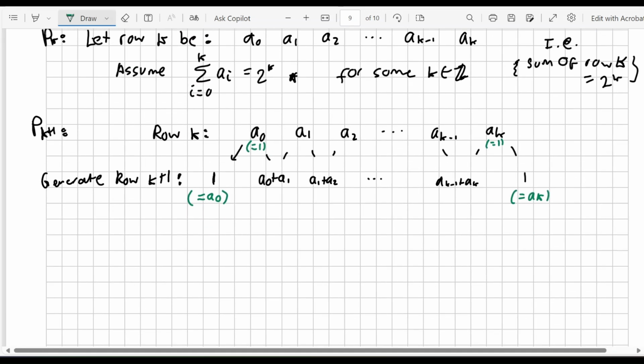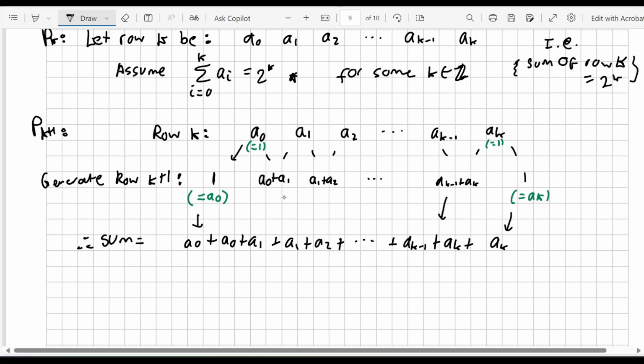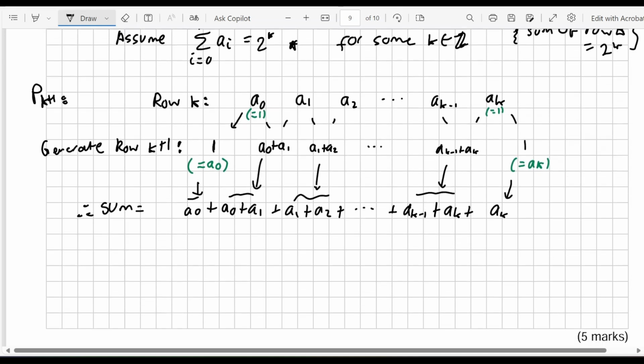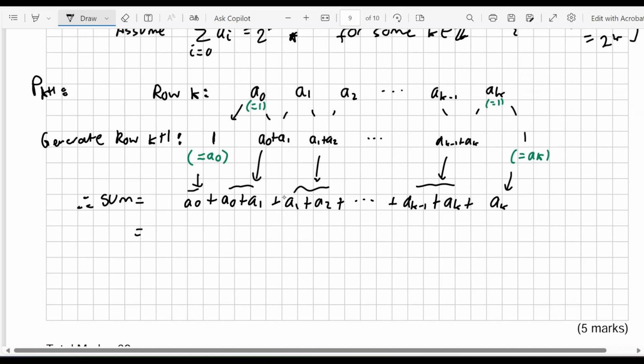All right, wonderful. So then the sum equals. Now I'm going to use the a_0 version of this. So a_0 plus a_0 plus a_1 plus a_1 plus a_2 plus dot dot dot, a_(k-1) plus a_k plus a_k. So just be really clear where all those bits are coming from. Cool. All right. We've actually got 2 lots of everything.